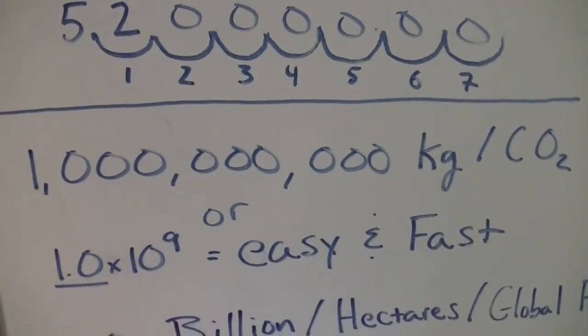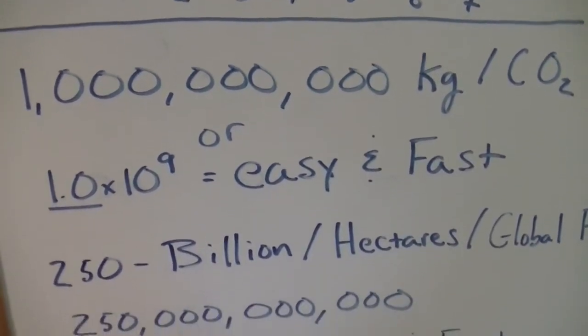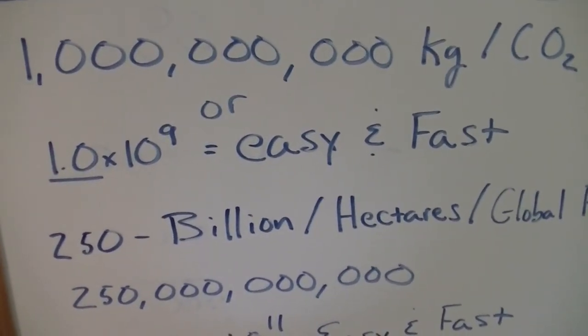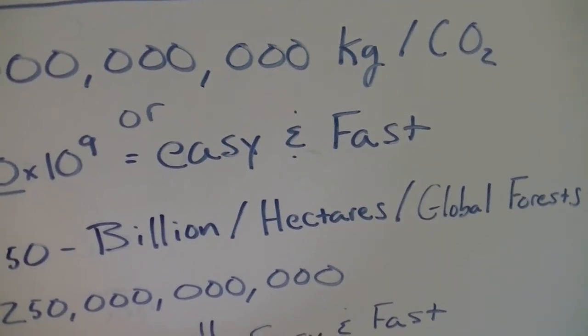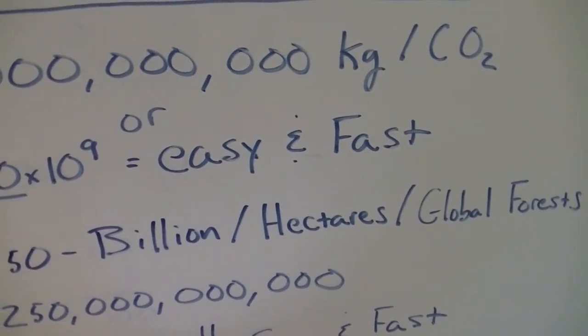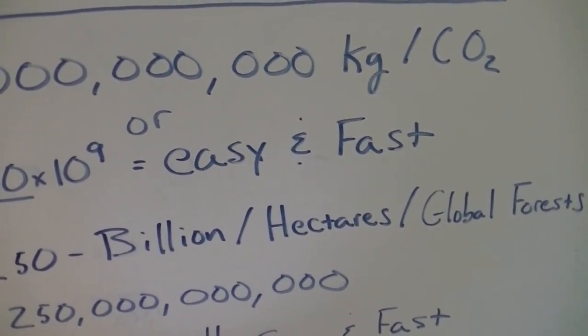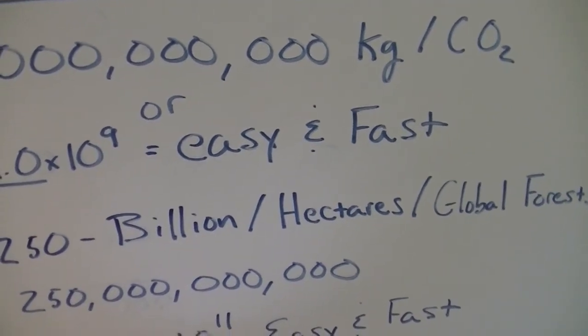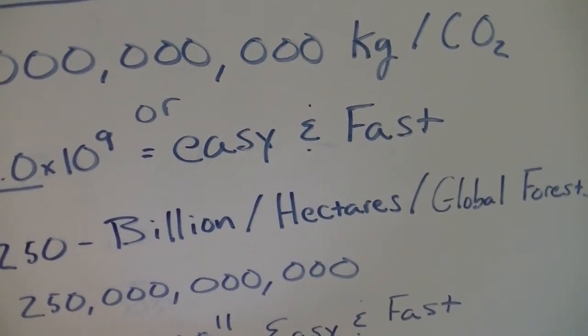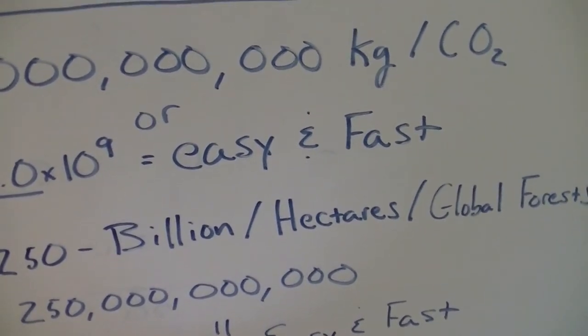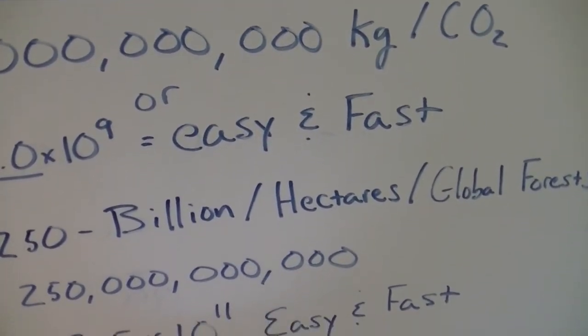So then if we scroll down here, excuse me, you can see there's 250 billion hectares of global forest that have been cleared for the development of some type of economic purpose. So we could write 250 billion hectares of forest. All a hectare is, it's an area of 10 acres, right? So you will see that word a lot throughout this course.